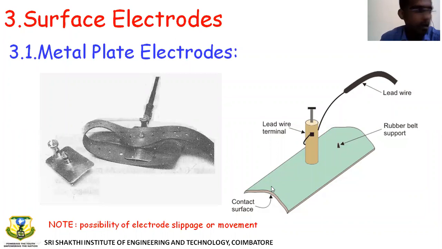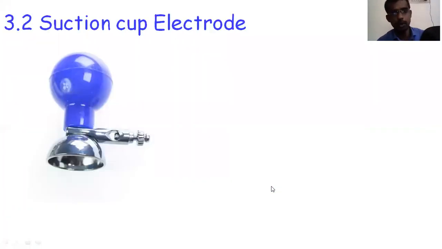The next one is the suction cup electrode. It is called that because it works on the suction principle. You would have seen this in your car, on the sun shield, where you use a suction cup.